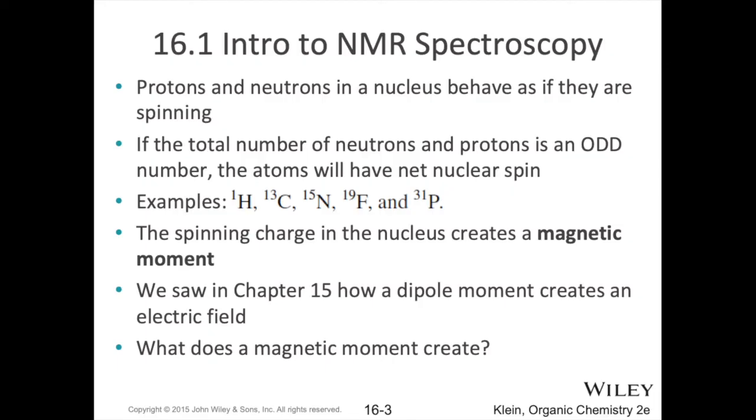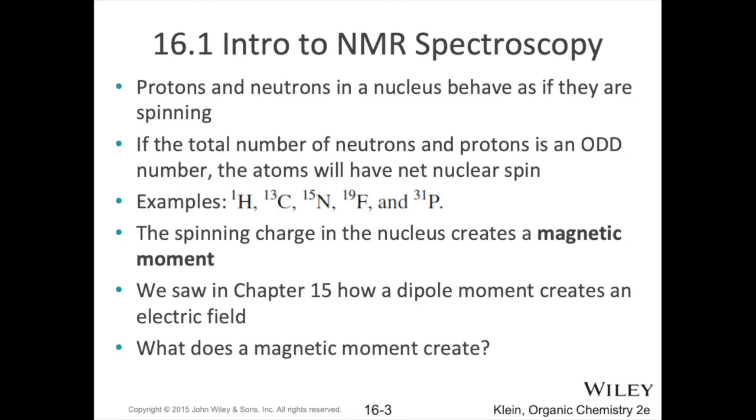We're not going to deal with them in this course. It's rare that you'll have to run an NMR on one of those. And to be honest with you, if your research leads you to needing that NMR, your research advisor will probably explain it to you. But carbon 13 and hydrogen 1, or proton NMR, are going to be really, really useful, and so we're going to focus on those.